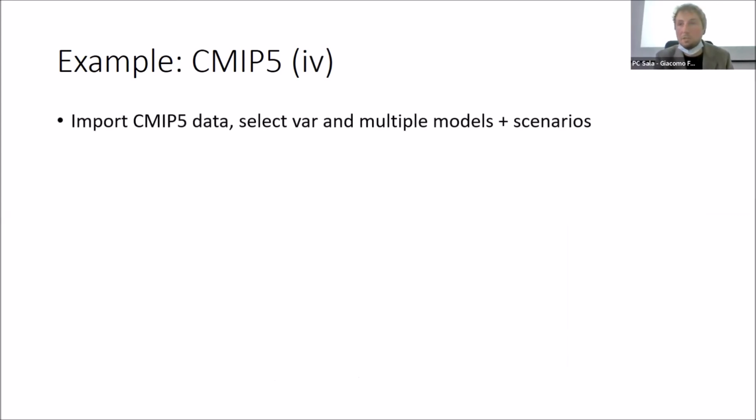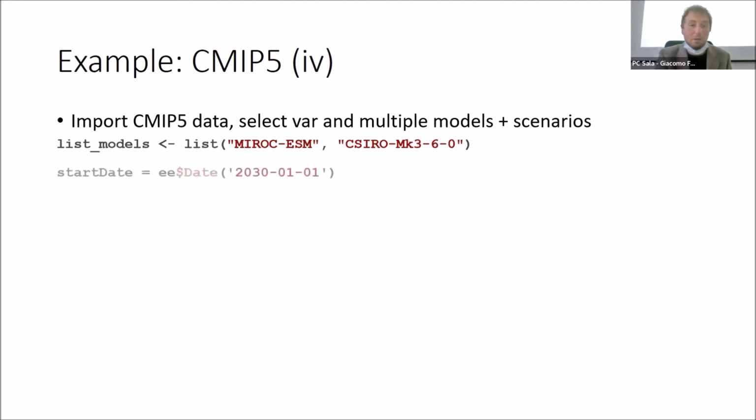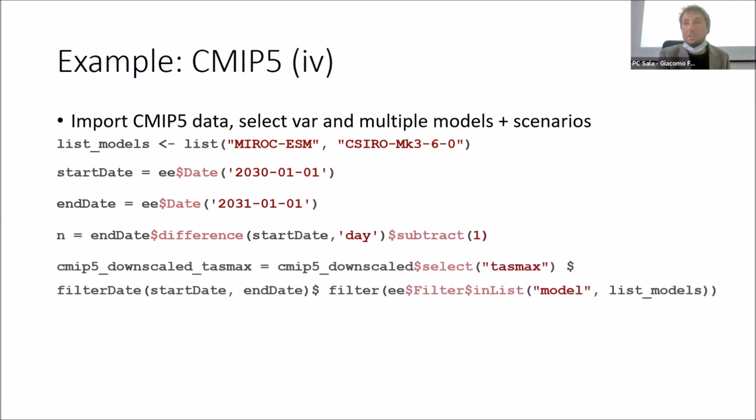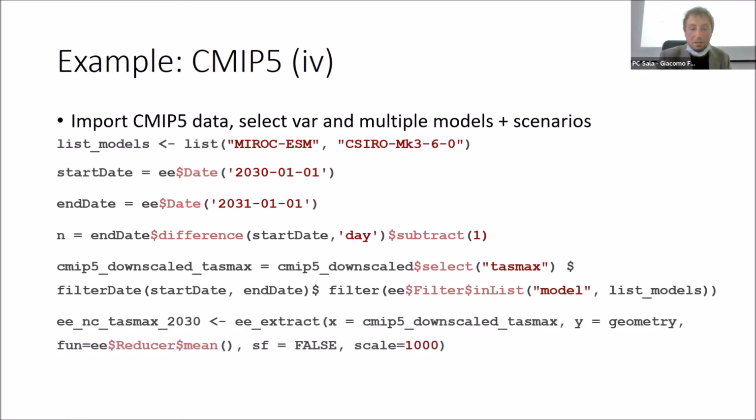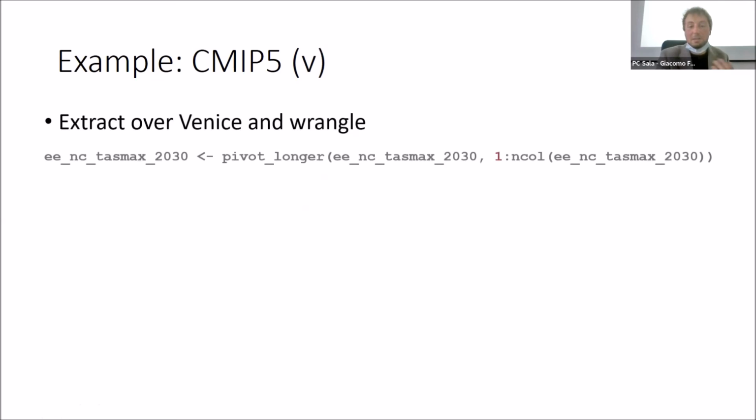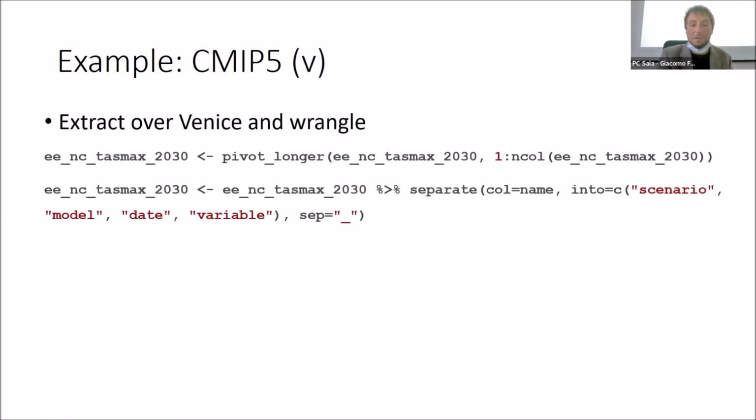Instead of specifying one single model, you can specify a list of models. So I replicate the same code, and instead of the single model name, I put a list of models, and I extract it over Venice with the same function.